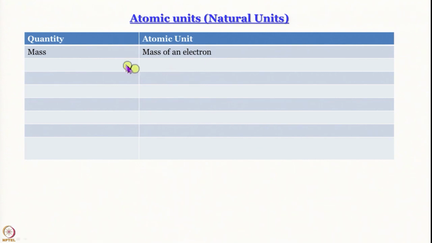When I use atomic units, what I am doing essentially is dividing the mass of any object that I am handling by the mass of an electron and representing it in units of electronic mass. Similarly, charge is represented as units of electronic charge. The charge of an electron is said to be 1 in atomic units.